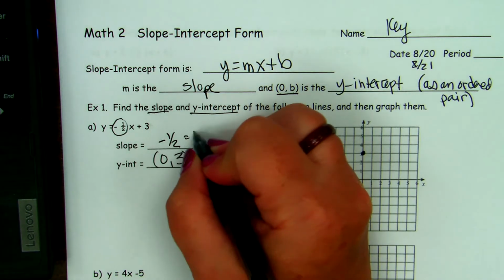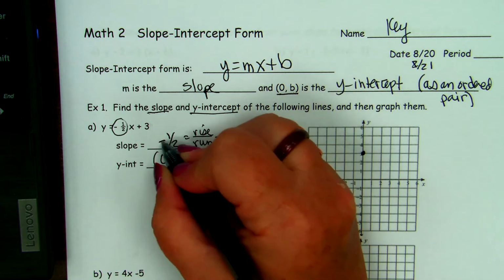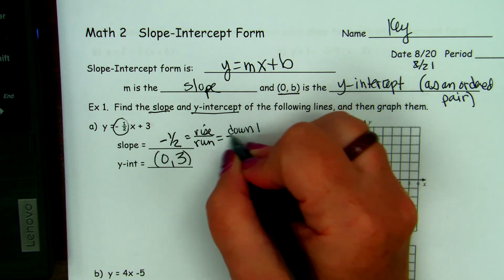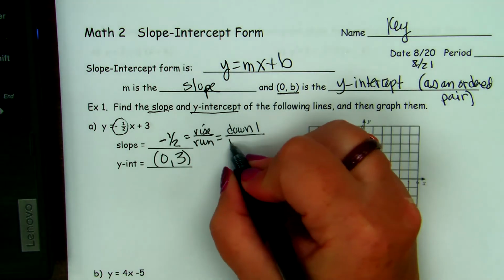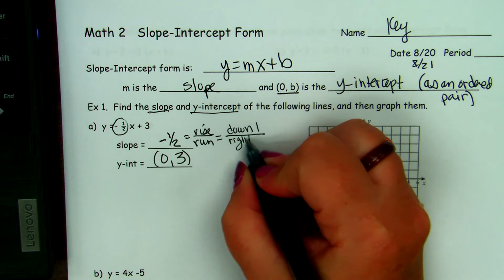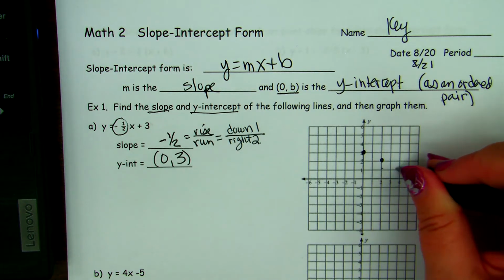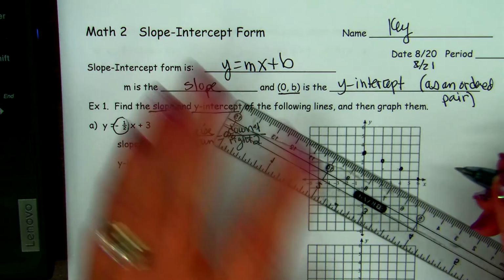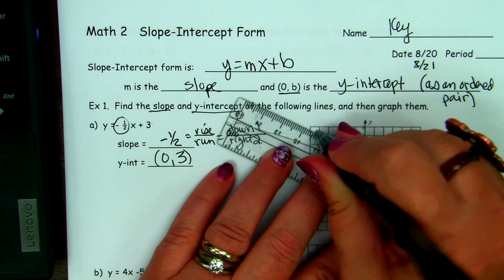And this is rise over run. So it's negative, so it's down 1. And then which way do we go? Right 2. So you go down 1, right 2. The slope is negative. It's going down. Then use a ruler or your ID card or something to draw the line.